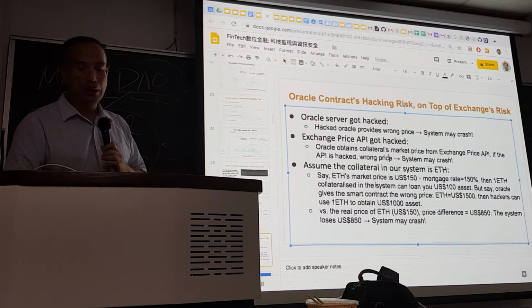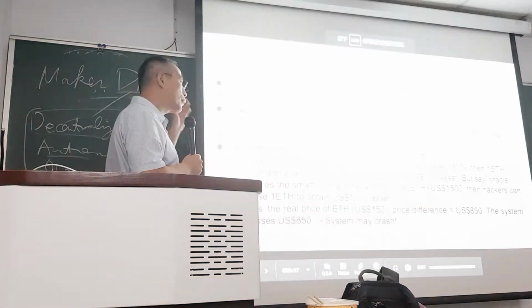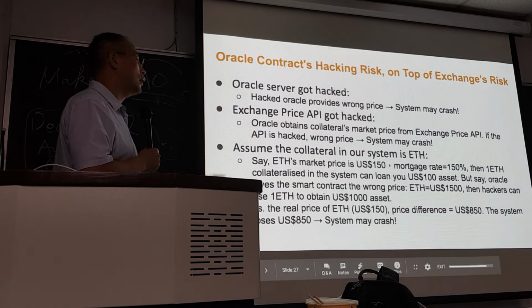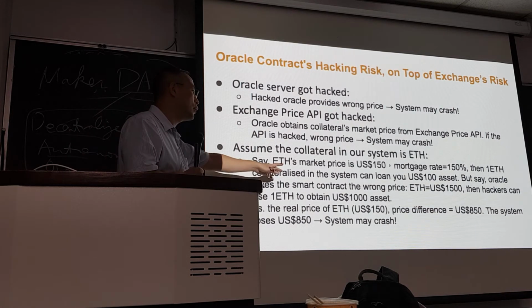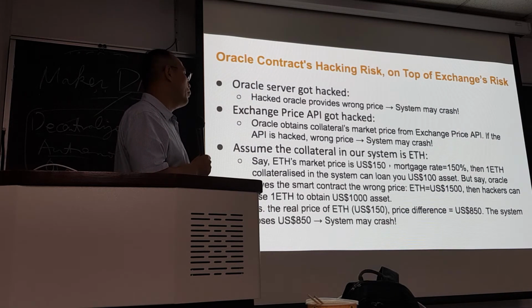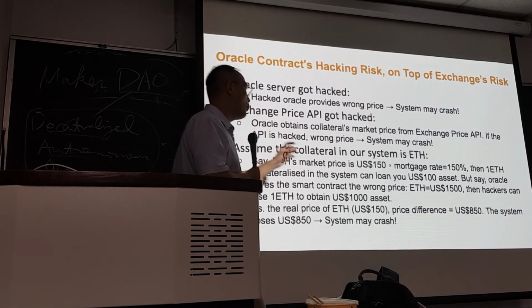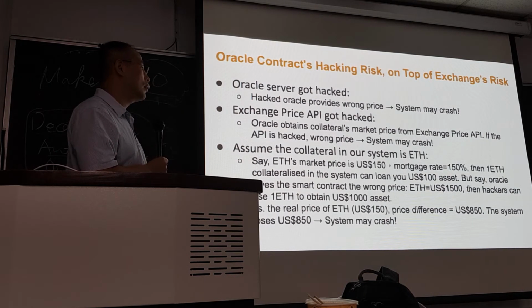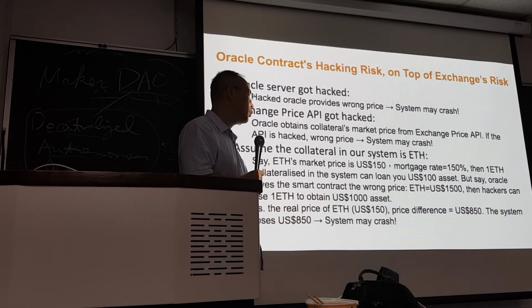Okay, assume the collateral in our system is ethers. Let me use this simple example. Say Ether's market price is $150 US. Mortgage rate, DR, is 150%. Then 1 Ether collateralized in the system can loan you back US dollar 100. Okay, but if Oracle gives the smart contract the wrong price, this DeFi smart contract got the wrong price, say $1,500, then the hackers can use 1 Ether to obtain 1,000 US dollars back, right? So versus the real price of Ether, US $150.